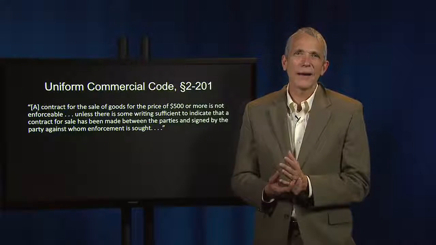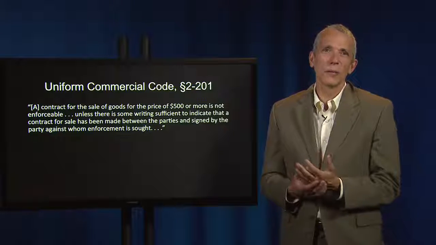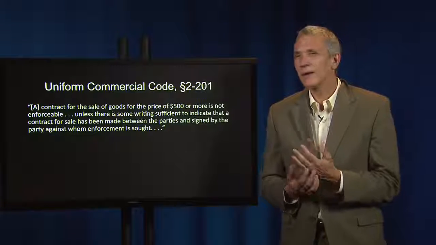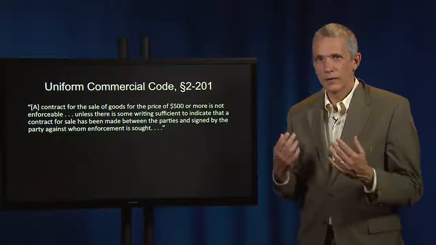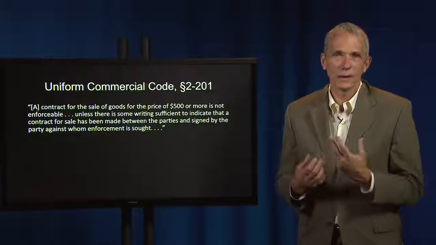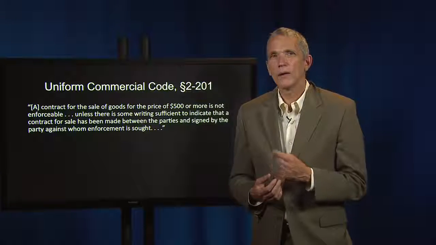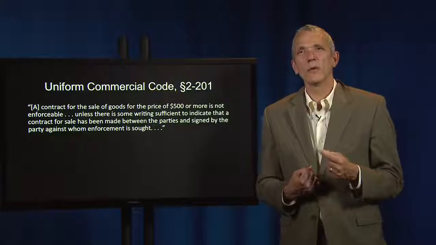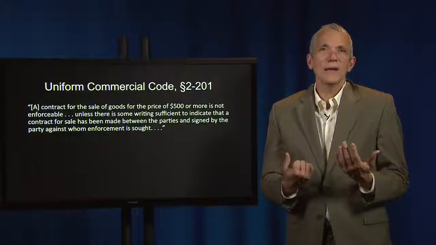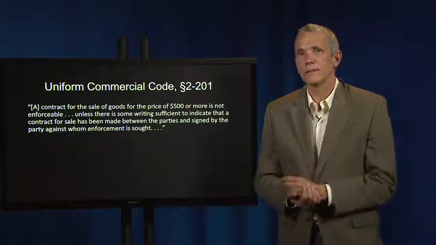A writing is not insufficient because it omits or incorrectly states a term agreed upon, but the contract is not enforceable under this provision beyond the quantity of goods shown in the writing. The provision only requires signing by the party against whom enforcement is sought because the seeker is not denying the existence of the contract. It's only the other side.